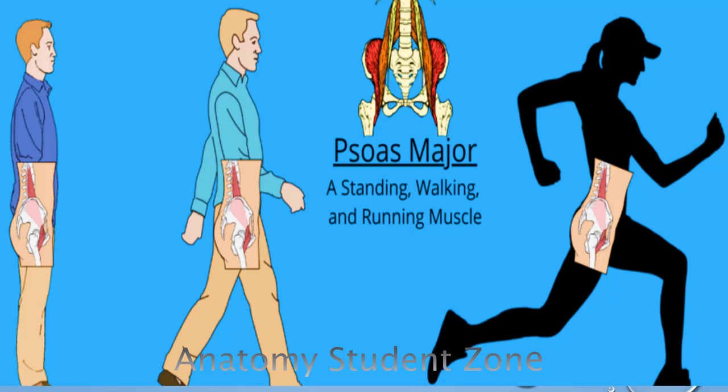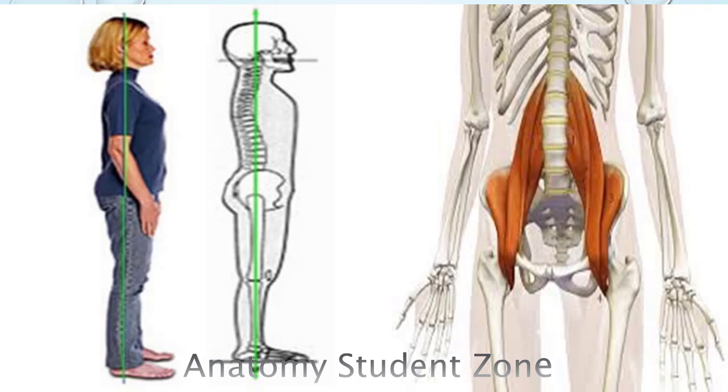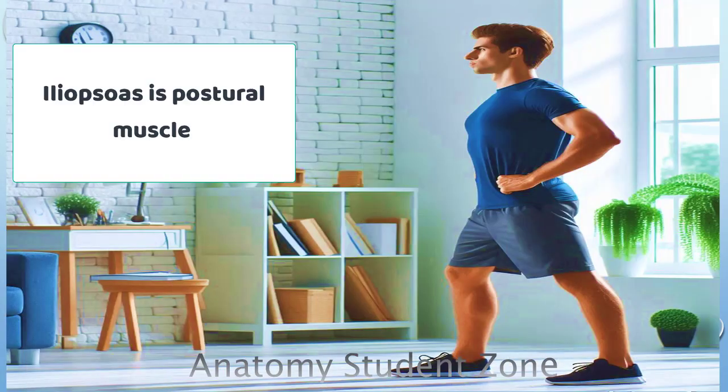Besides this action of strong hip flexion, we know it also arises from the lumbar vertebrae that we have covered. Of course, it's also going to act on the lumbar spine as well. So what is it going to do over there? Iliopsoas is also a postural muscle. First, we have covered its flexion, that was its main action, and it was involved in walking.